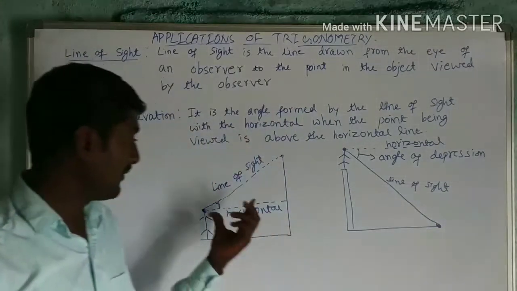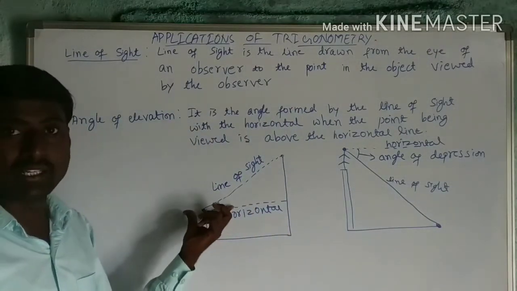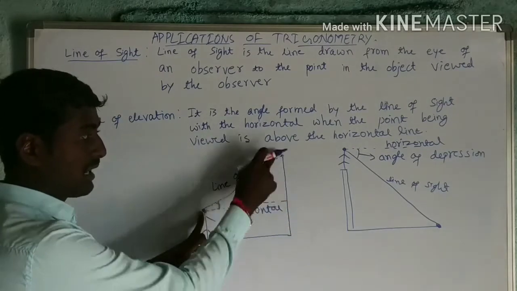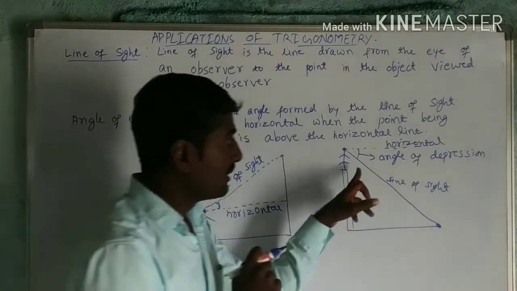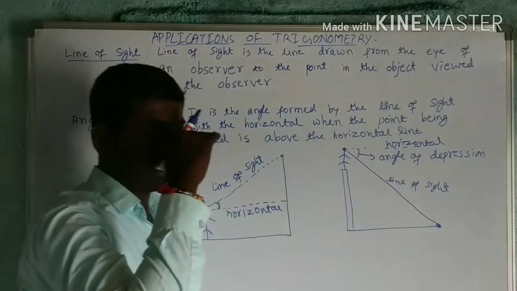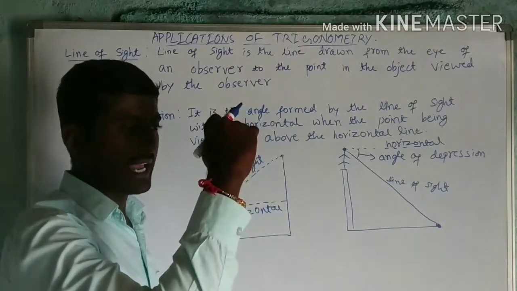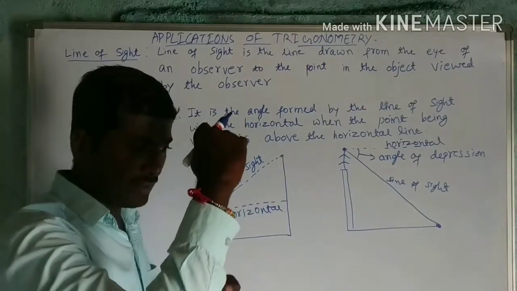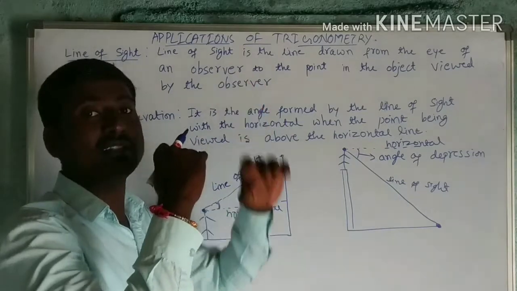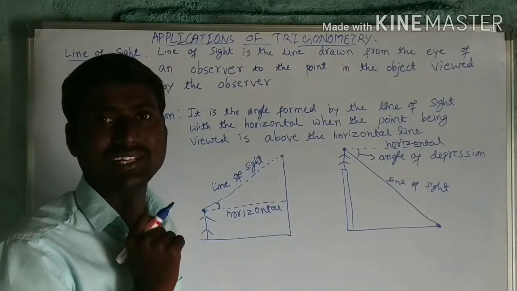Here is the angle of elevation, when the object is above the horizontal line. But here the object is below the horizontal line. So if the boy is standing in this way, he has to see down. If we see down, that must be angle of depression. If we see upward, then there must be angle of elevation.